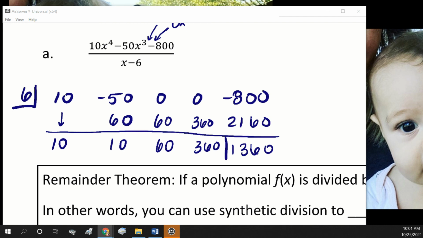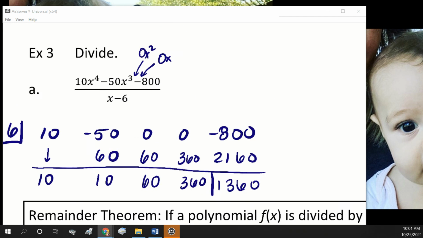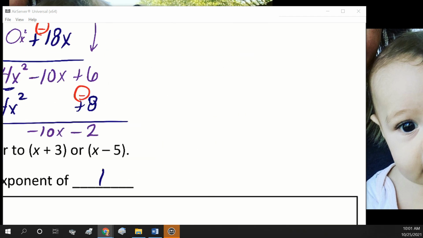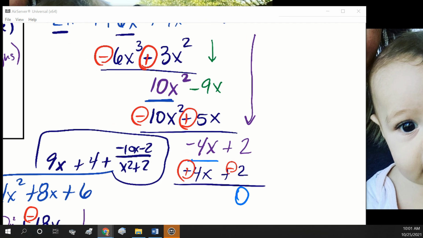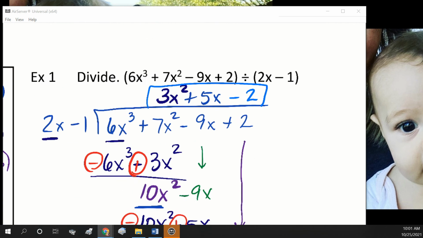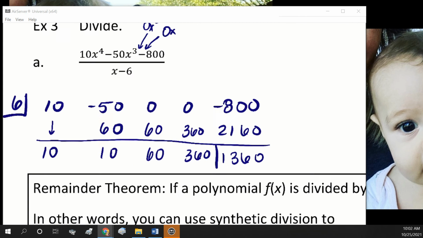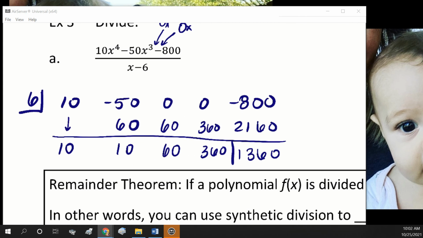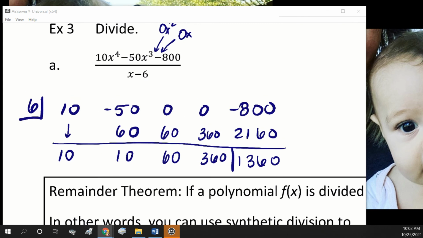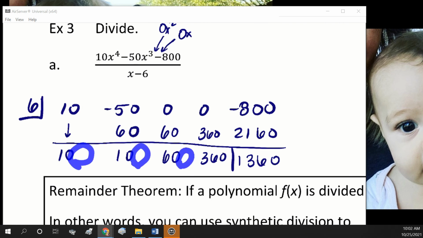Now, your final answer has to look like what we got before. So our answers should look like these things. So what are those numbers? The coefficients and the constant and the remainder of the answer. So how do you know what x's go with those coefficients? It's one less, right?